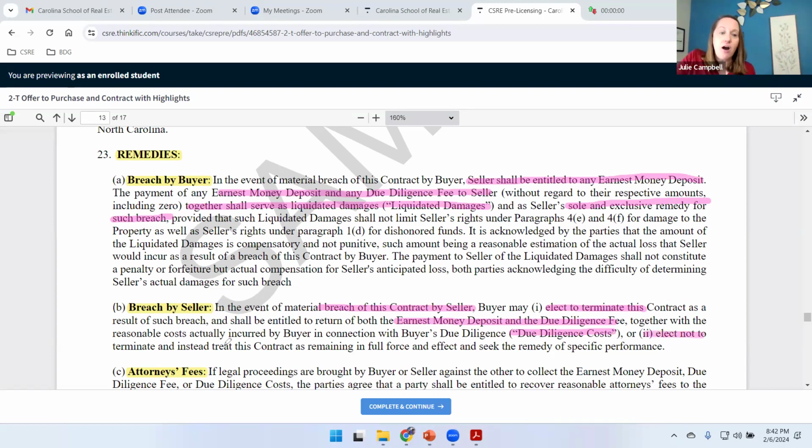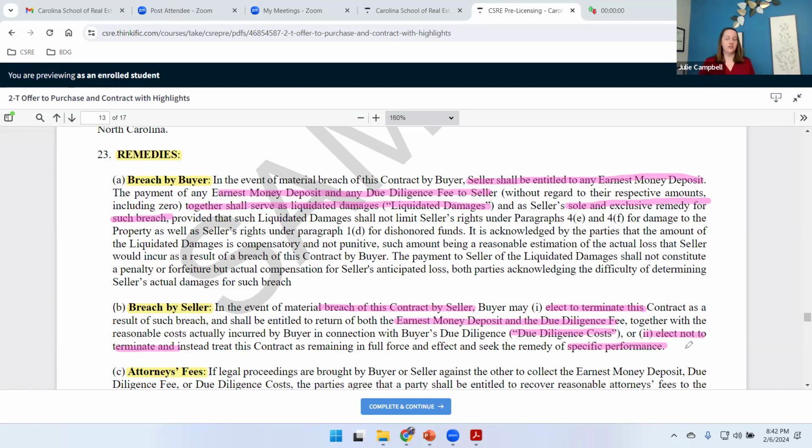Option 2 is not to terminate and instead treat this contract in remaining in full force and seek the remedy of specific performance. Remember, we said specific performance, if awarded, the judge could make the seller sell. The judge could make the seller perform.